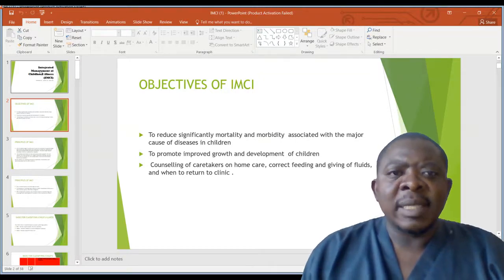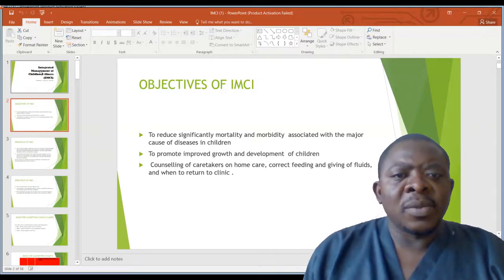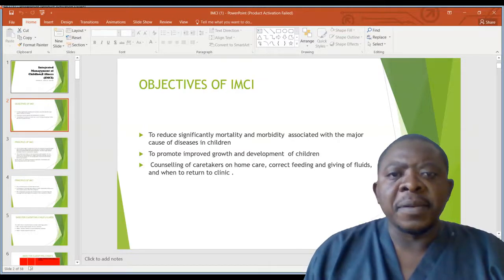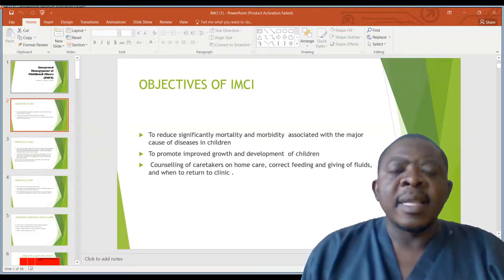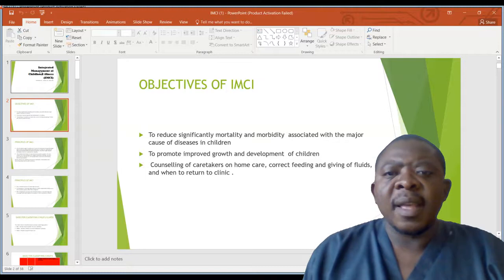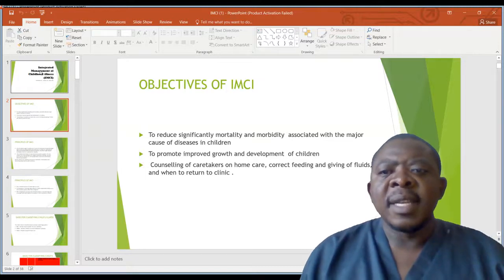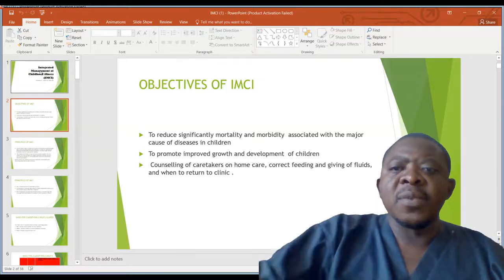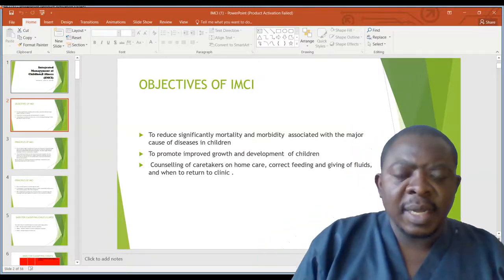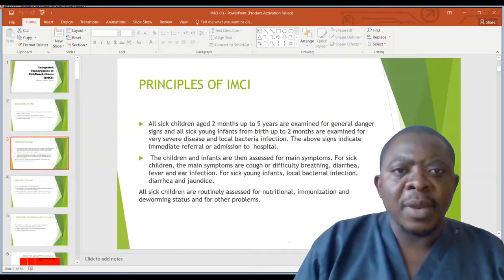The second objective is to promote improved growth and development of children. The third objective is counseling of caretakers on home care, correct feeding, giving of fluids, and when to return to the clinic or come for a follow-up visit.